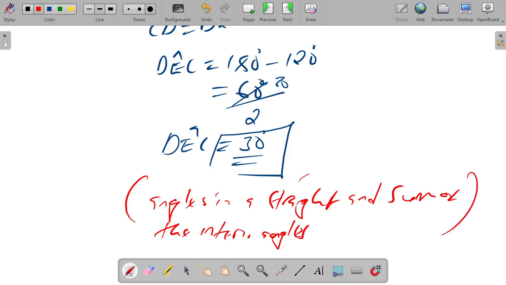You see we have added two interior angles on the base, the two base angles, and we got 60 there.